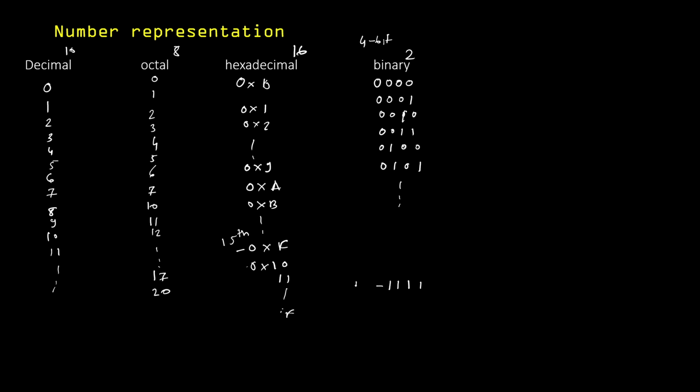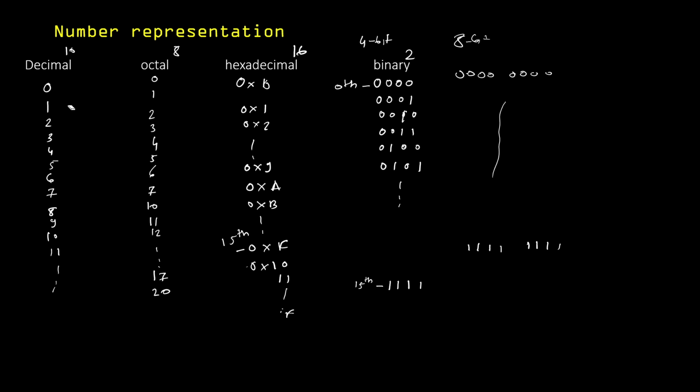So this is our 15th position and this is our 0th position. For a 4-bit number we can count until the 15th position, where all bits are 1. For an 8-bit number the count will be huge, because we are considering 8 bits, until all 8 bits become 1.